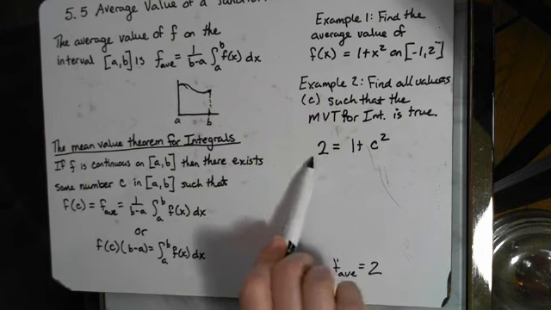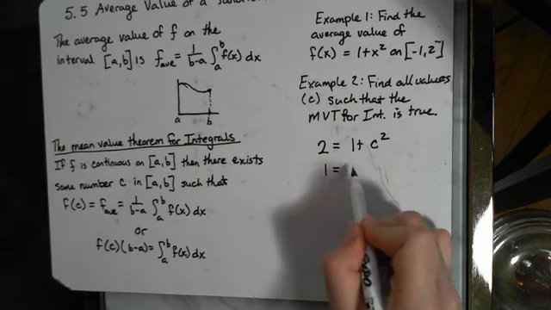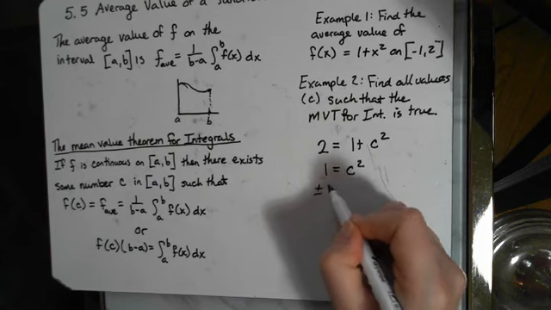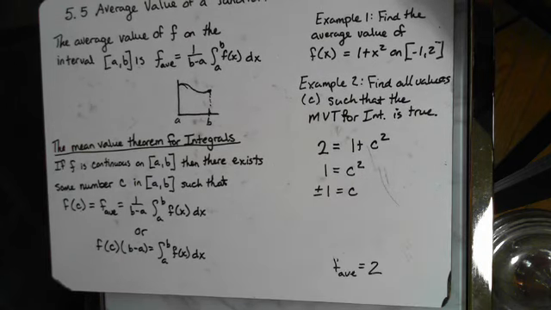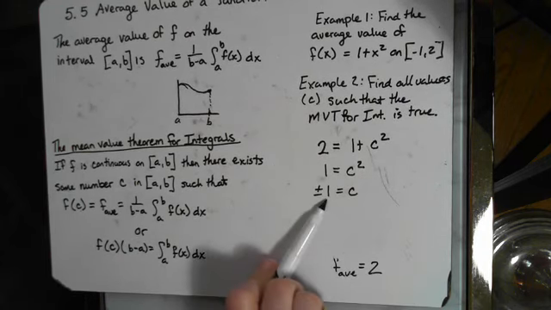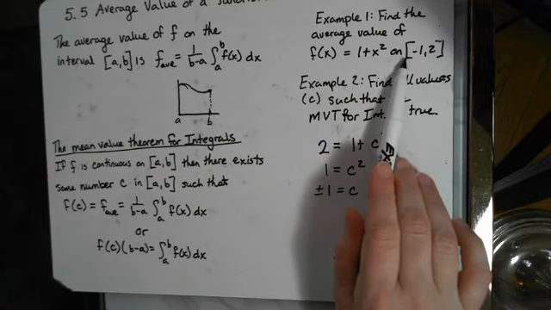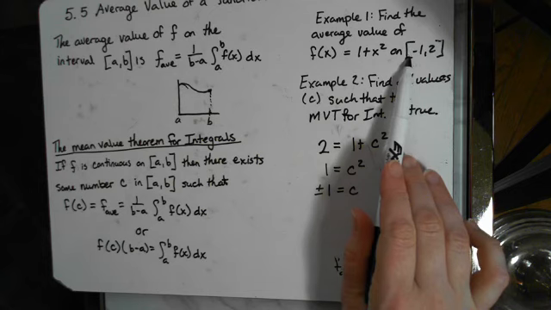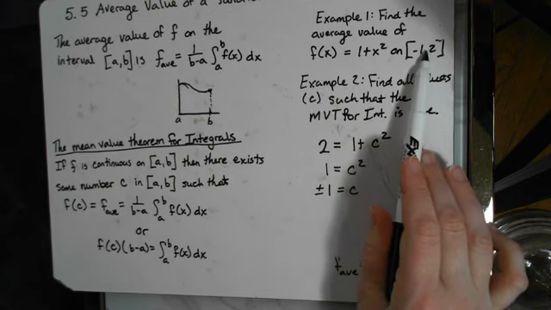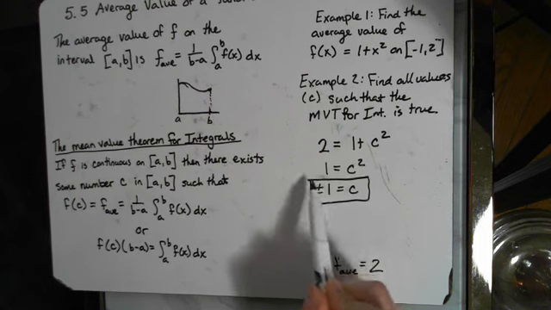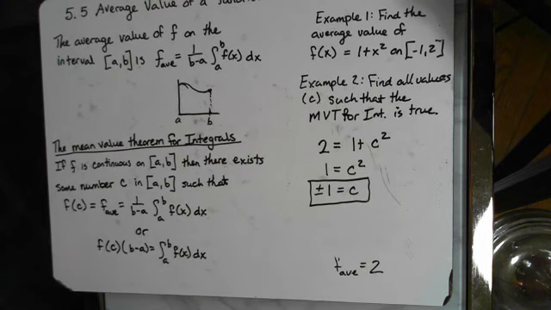I'm going to subtract 1 on both sides, and then take the square root on both sides to get c alone. So it's plus or minus 1. The last thing I need to do is make sure that both of those values are actually in this interval. Notice this is a closed interval, so -1 is included, and +1 would be in the interval. So both of these are going to work as my values for c.